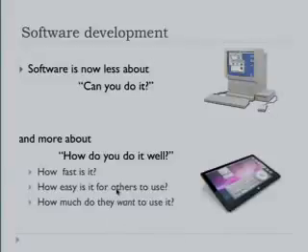How easy is it for others to use? How easy is it for your average 4-year-old to pick it up and play with it? Or someone who hasn't used computers? A lot of people complain that they don't know computers, they can't even work their cell phone. That's not actually the fault of the person. It's the design of the cell phone.